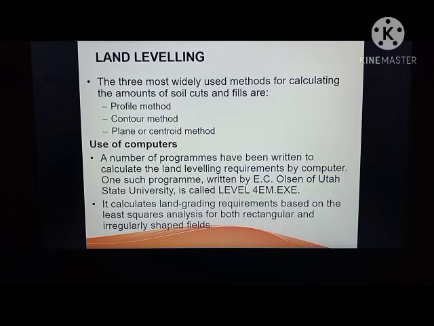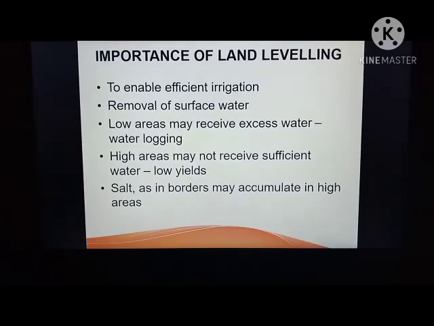One such program, written by E.C. Olsen of Utah State University, is called Level 4 EMX. It calculates land grading requirements based on the least square analysis for both rectangular and irregularly shaped fields.